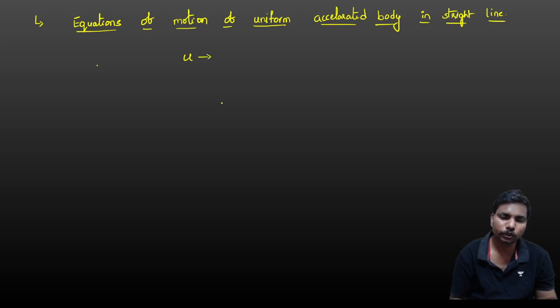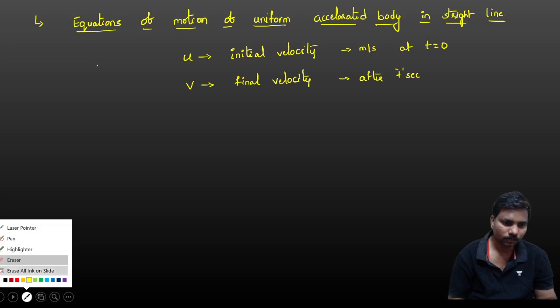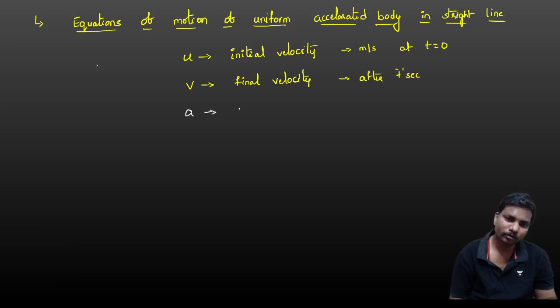In these equations, u is the initial velocity, that is the starting velocity, in meters per second, meaning the velocity at time t equal to 0. v is the final velocity, that means the velocity after t seconds. a is the uniform acceleration in meters per second square, and t is the time in seconds.